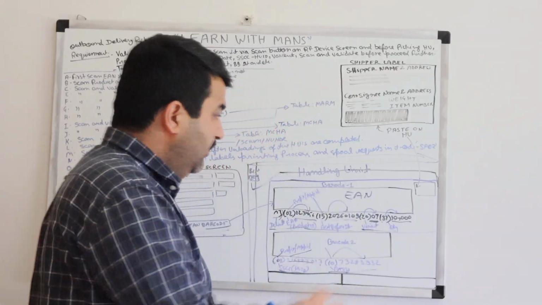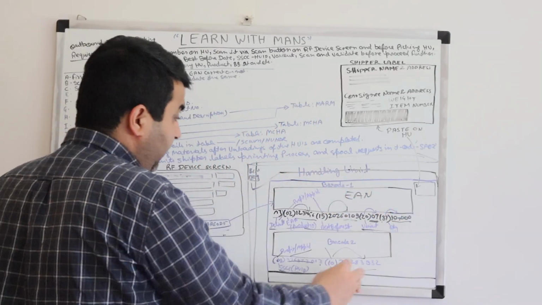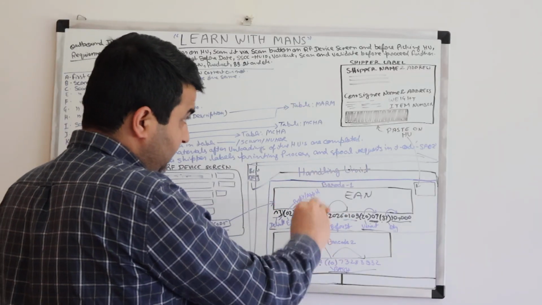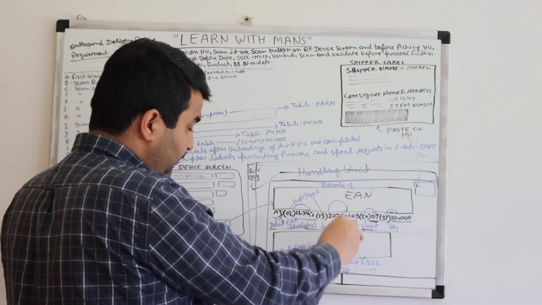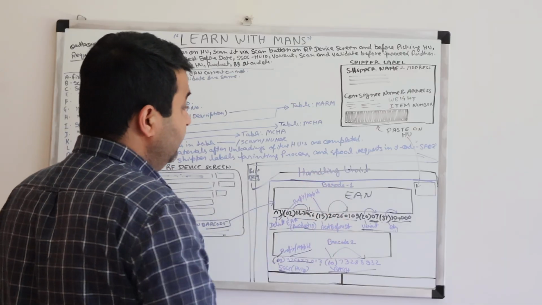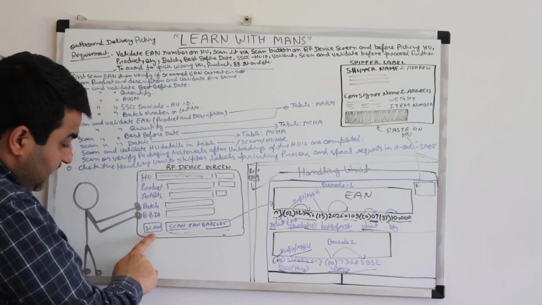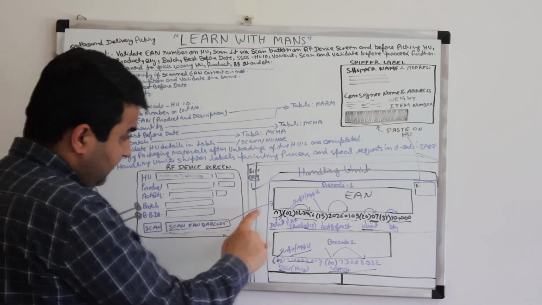That's why before picking from the bin, we should verify the handling unit and material. The warehouse worker, resource, or user verifies. How do they verify? I will tell you the steps, and he holds this machine here. I already provided the scan button, for example.